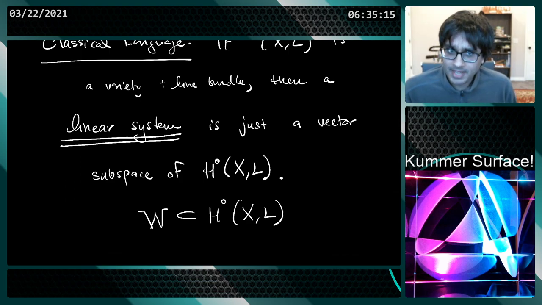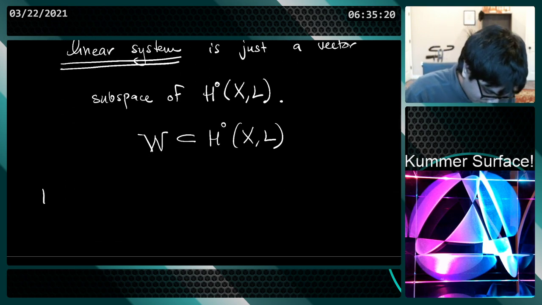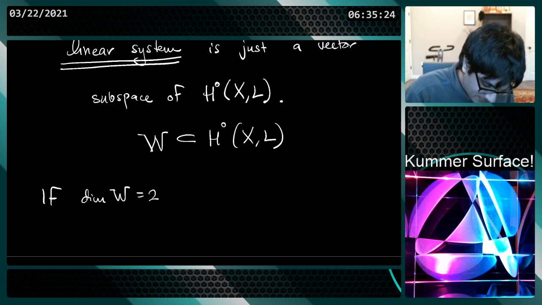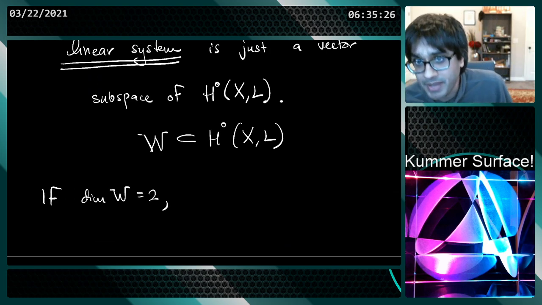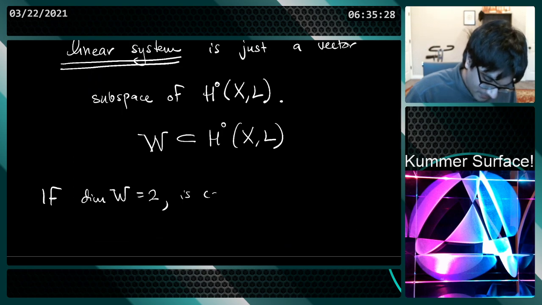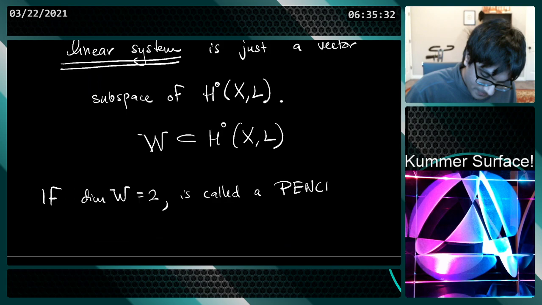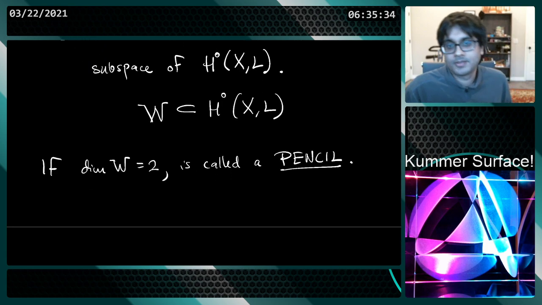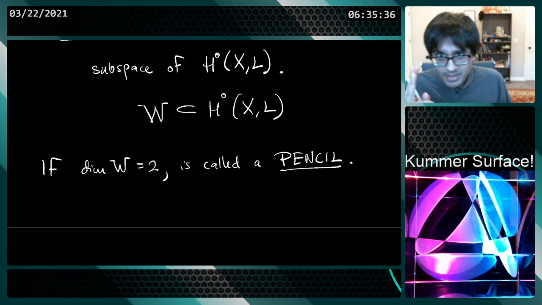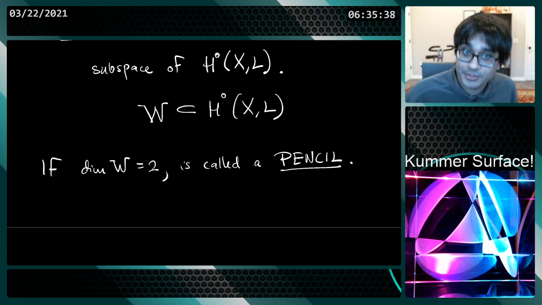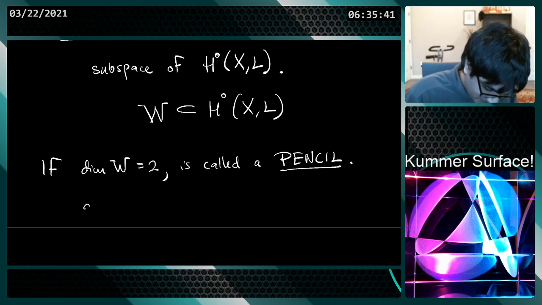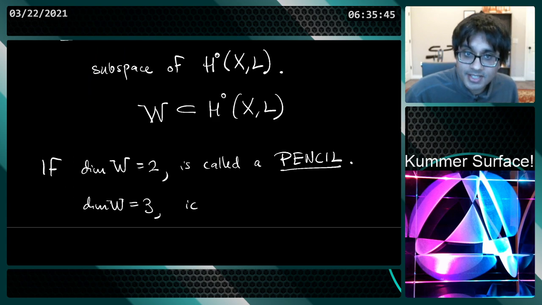That's what it is. A two-dimensional vector space of sections is called a pencil. A three-dimensional vector space of sections is called a net.